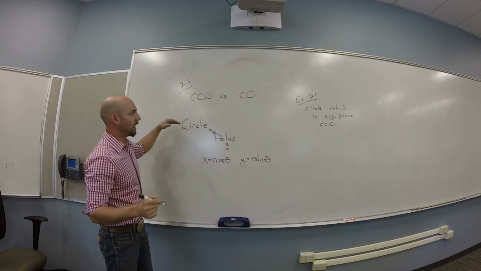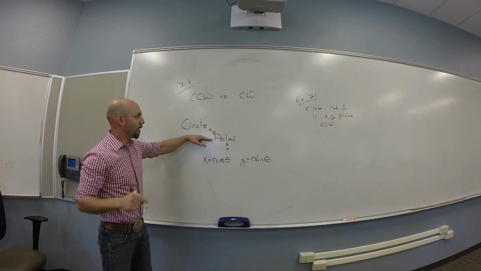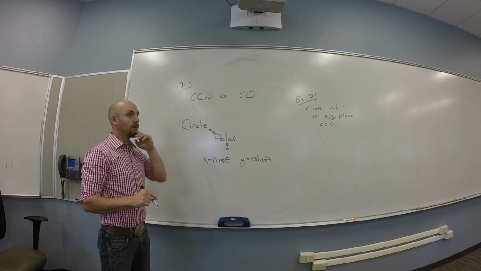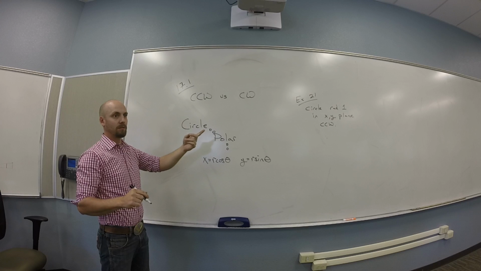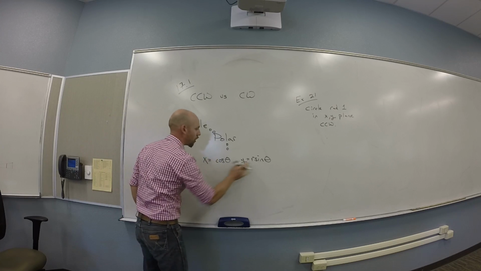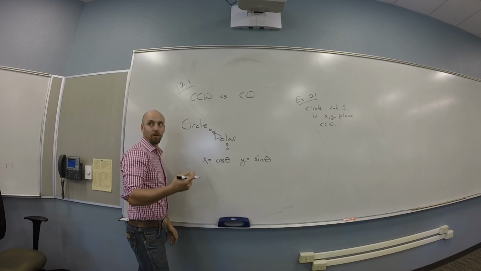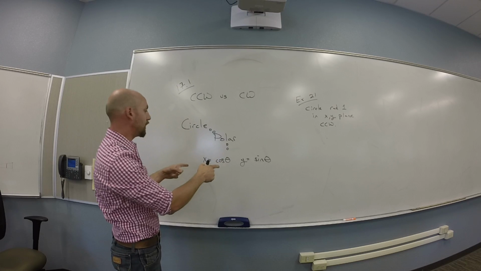Okay, so I saw the word circle, I thought polar. Polar looks like x is r cosine theta and y is r sine theta. What's the radius? 1. Radius is supposed to be 1, so I'm going to drop the r's, right? Pretty cool. Okay, thetas.